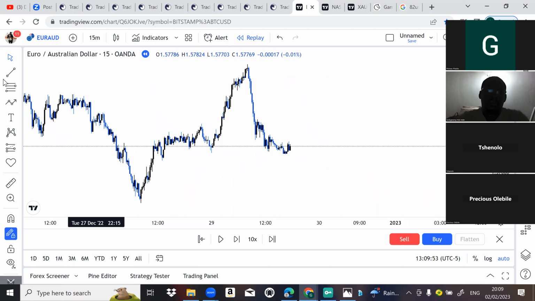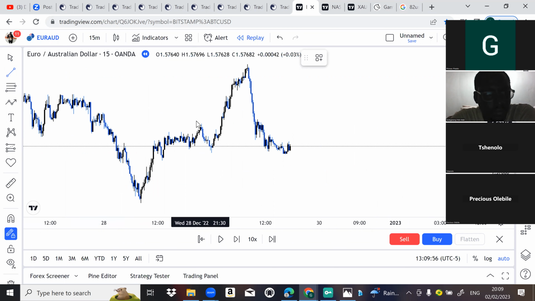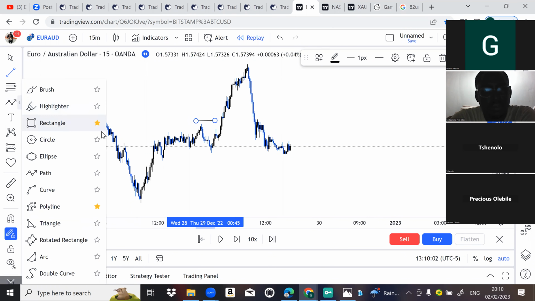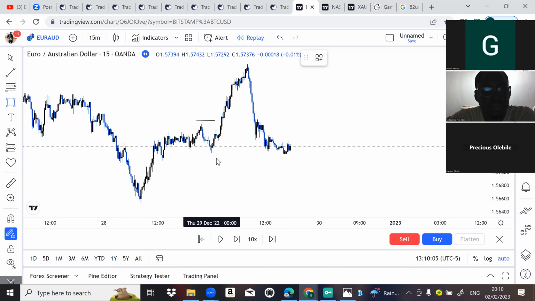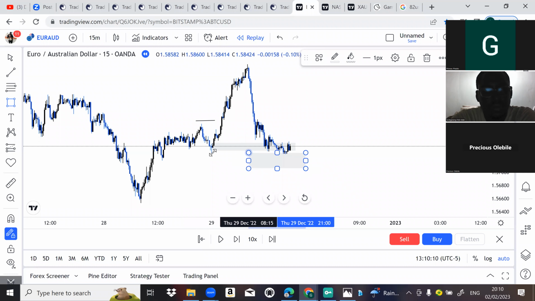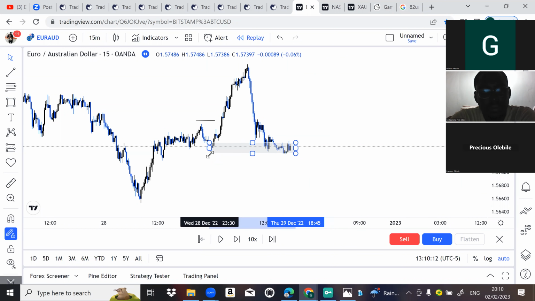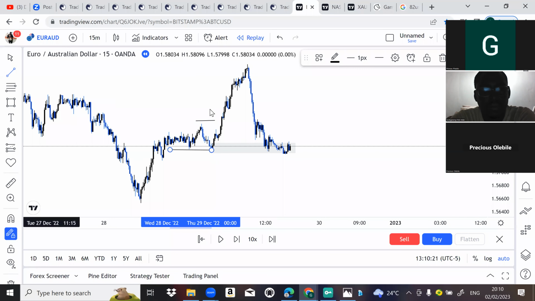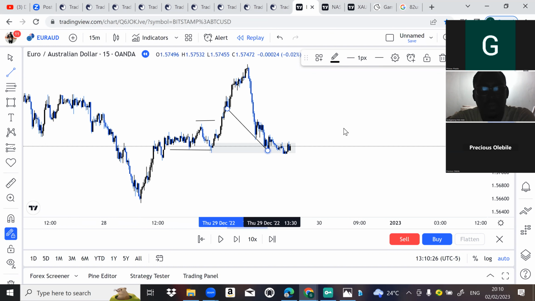We have this aggressive move up. Break of market structure. Order block. And then SH. SH, break of market structure. And then FVG. 1, 2, 3.